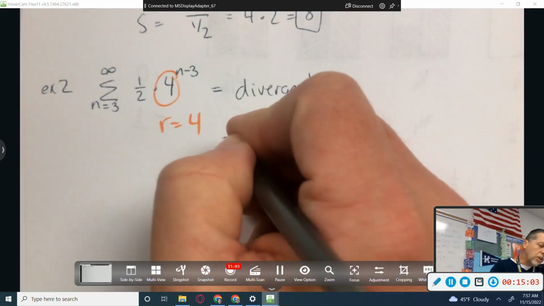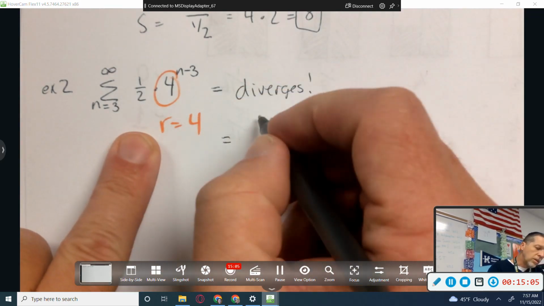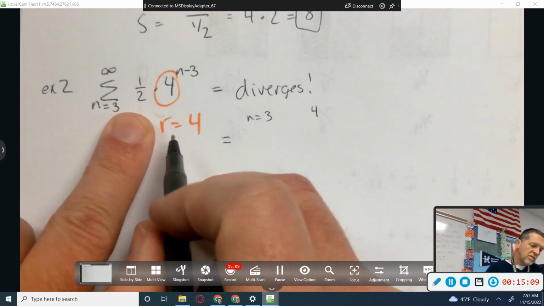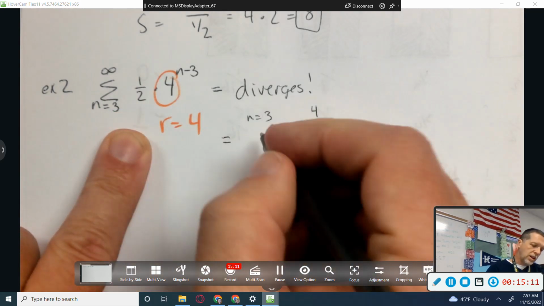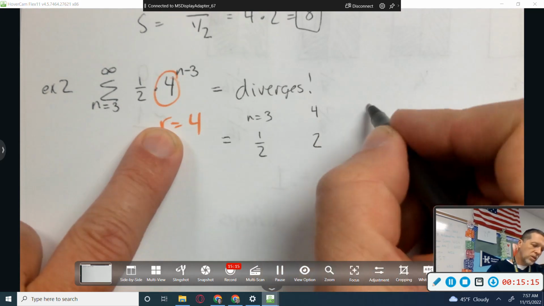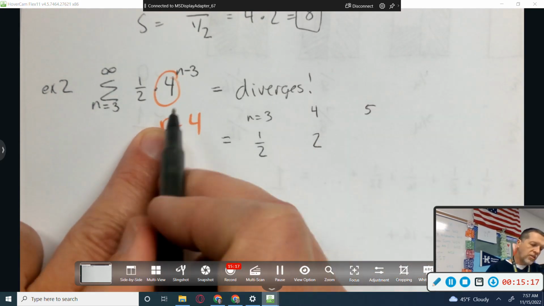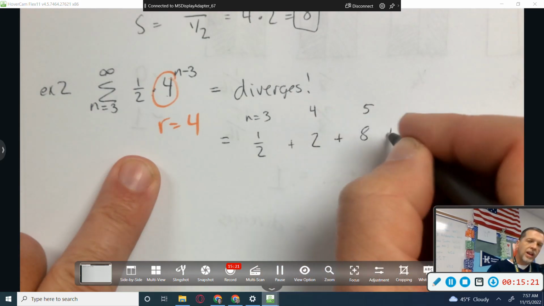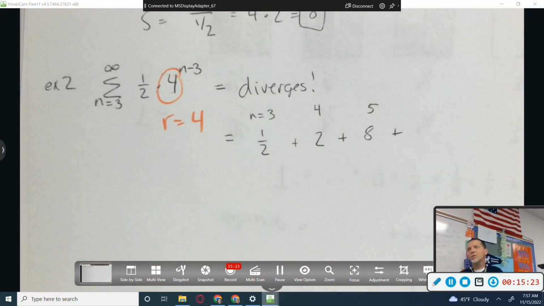If you didn't know that r was 4, well, you'd have to plug in some values and see what happens. So if I plugged in 3, I'd get 1/2. If I plugged in 4, I get 2. Plugged in 5, 16 over 2 is 8. And then hopefully you'd realize, wait a minute, these terms are just getting bigger and bigger. So my formula doesn't work if the terms are getting bigger.